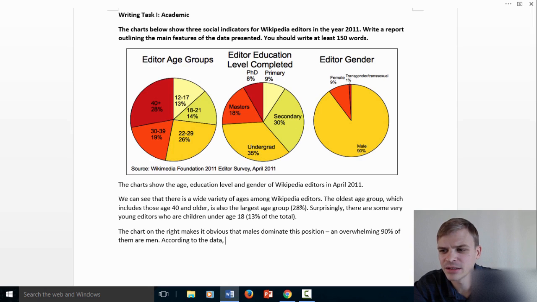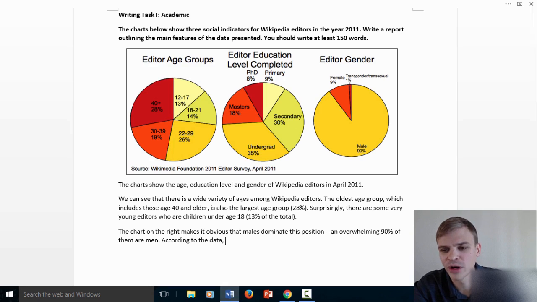So we have the undergrad, the undergrad would be a 4-year college degree or a 2-year college degree, bachelor's or associate's degree. Secondary would be like senior high or high school. Primary would be children. Primary and secondary would be under 18. Master's would be an advanced university degree. PhD would be also an advanced university degree, a doctorate.